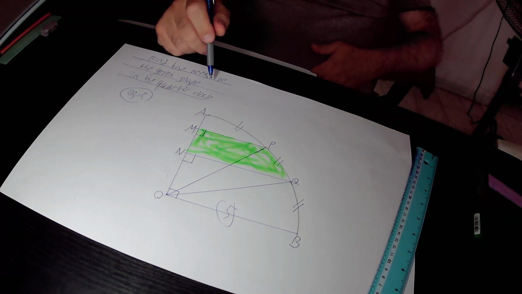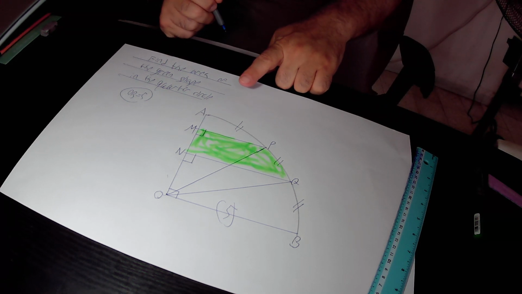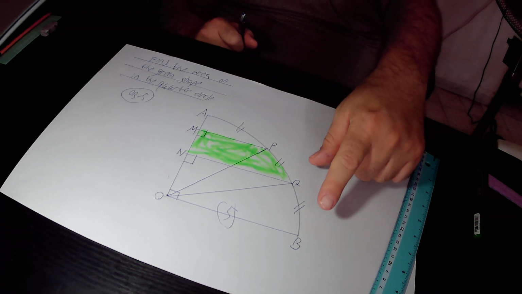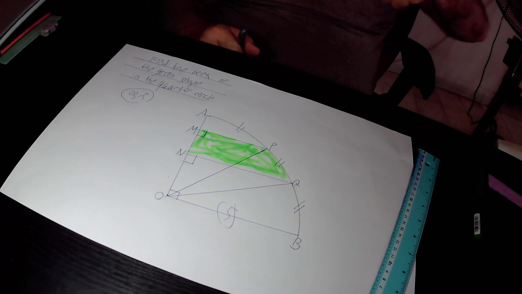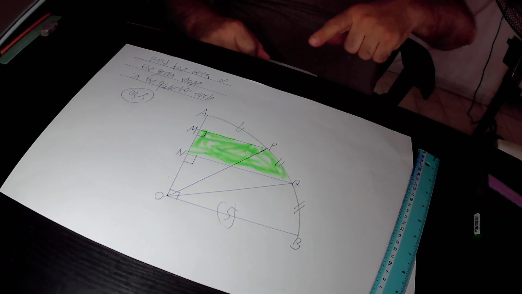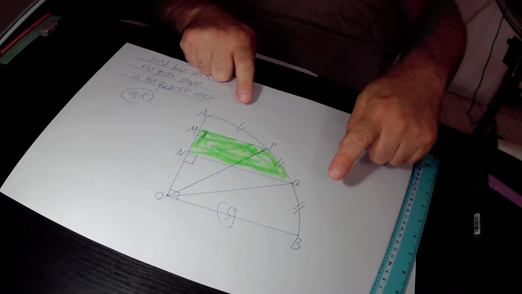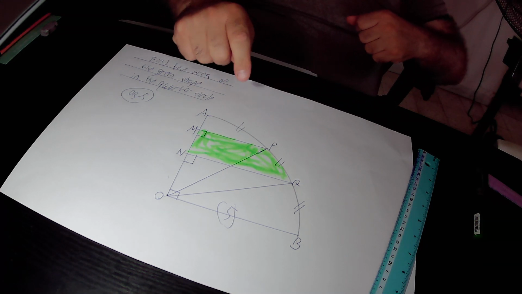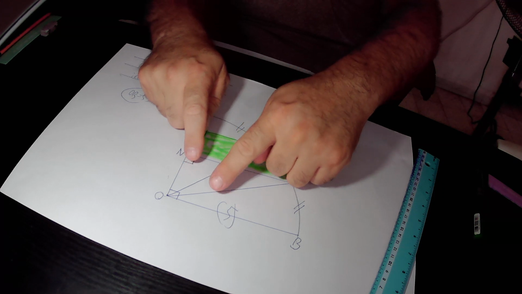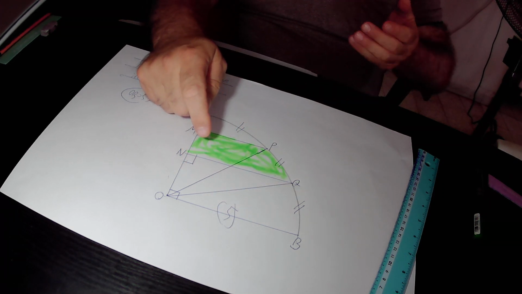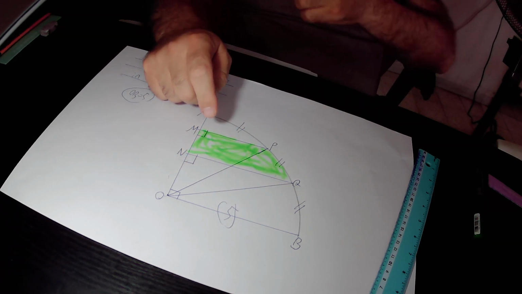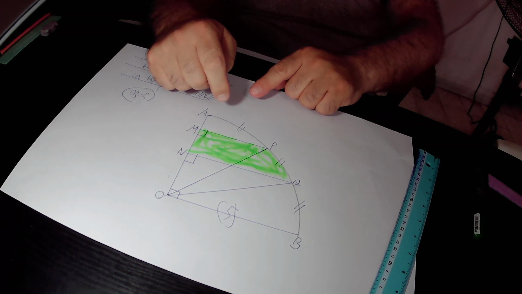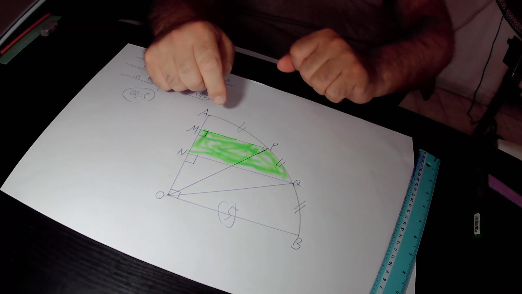Because arc AP equals arc PQ equals arc QB, according to rule 20, in front of those three equal arcs we have equal central angles. Those three central angles must also be equal to each other.